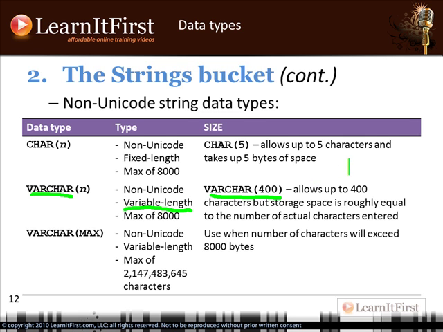Like, let's say that we define a last name column as varchar 400, and I say Wiggum. How many bytes of storage does it take up? 1, 2, 3, 4, 5, 6, 7, and a little bit of overhead. About 7 bytes. If we defined this as a char 400, then it would take up 400 spaces.